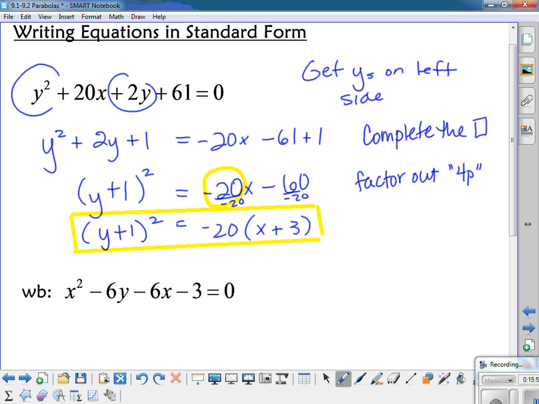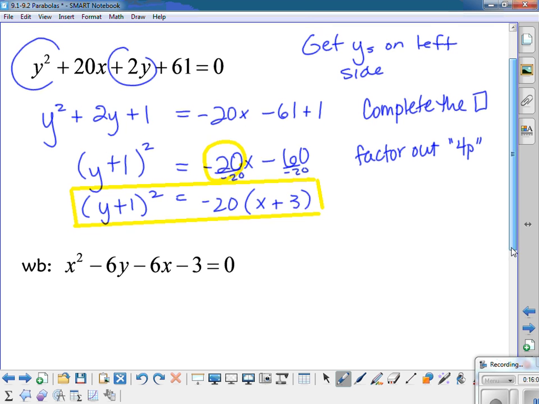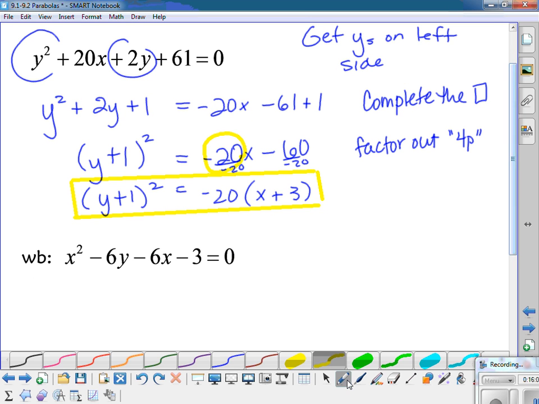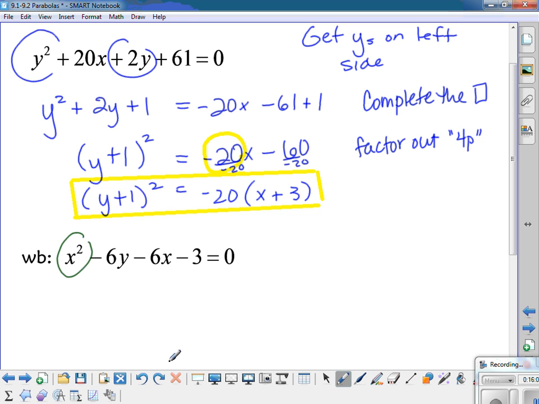So here's one for you guys to try. Which one's being squared this time? X's. So we need to get the x's on the left side this time. First thing is, be careful when you add the 6y and the 3 to the other side.